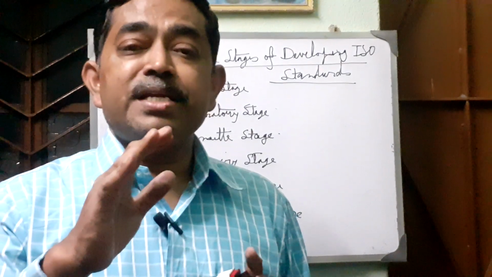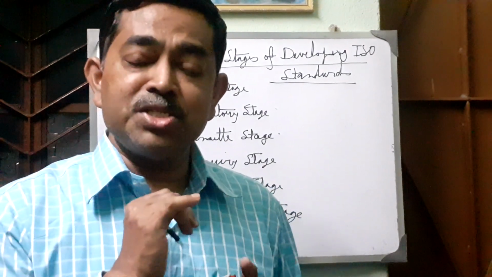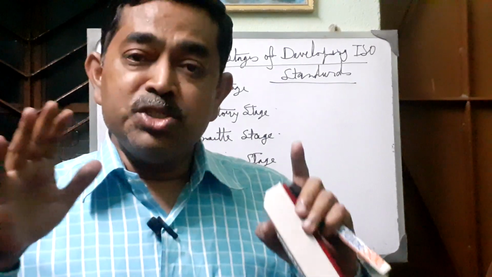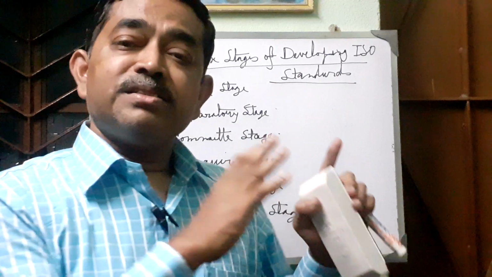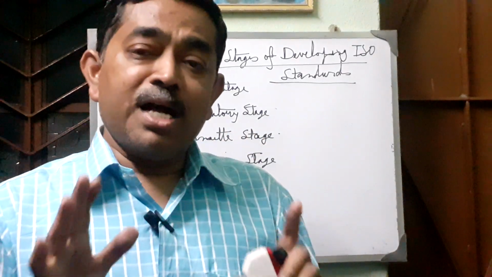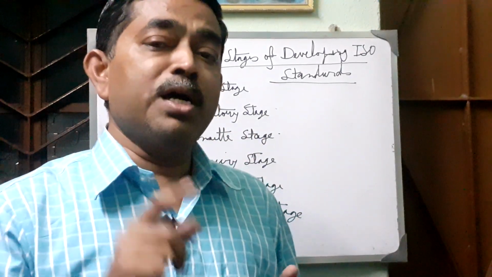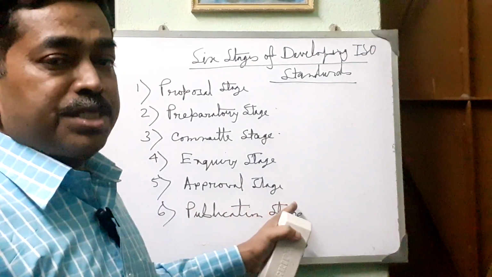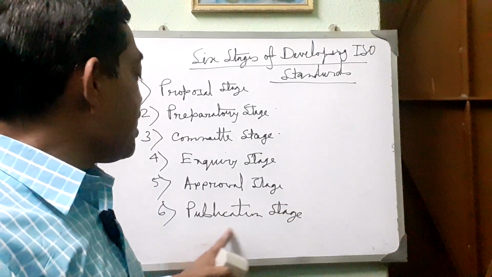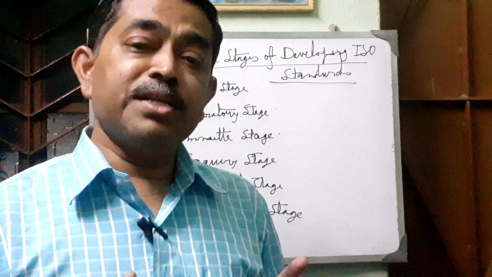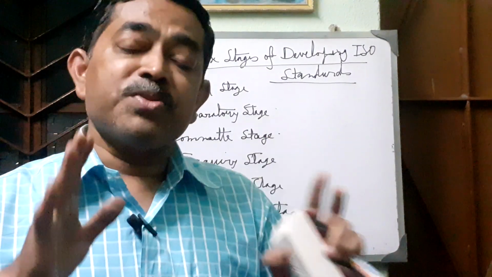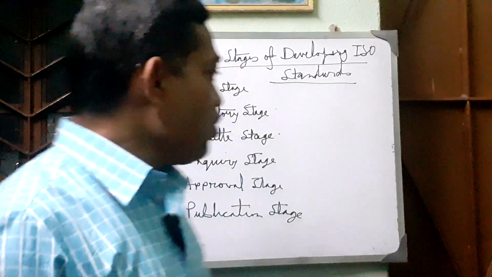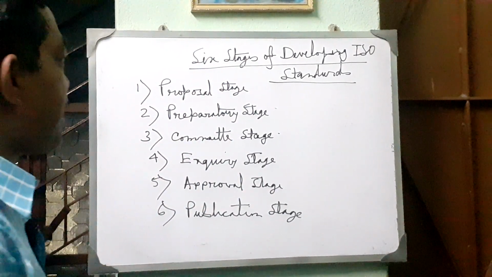If it is approved at this stage without any technical changes, then ISO will publish the standard. Otherwise, it moves to the approval stage. The last stage is the publication stage, where ISO publishes the new standard.